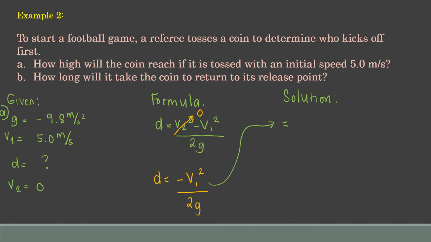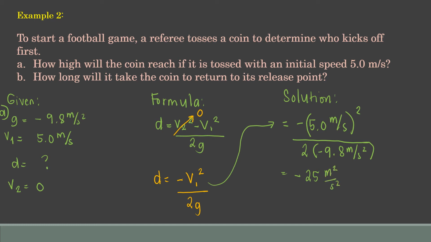So it will become negative 5.0 meter per second, quantity squared, and then 2 multiplied by negative 9.8 meter per second square. 5 squared is 25. We square the number, so we also have to square the unit. You have meter square per second square.